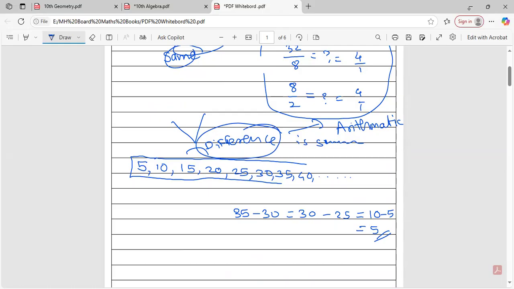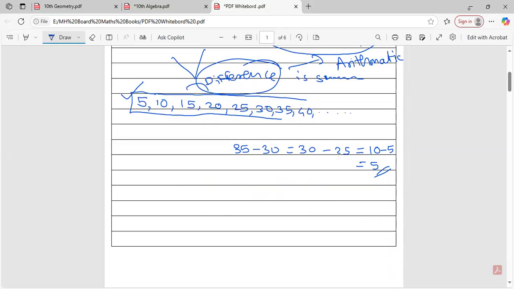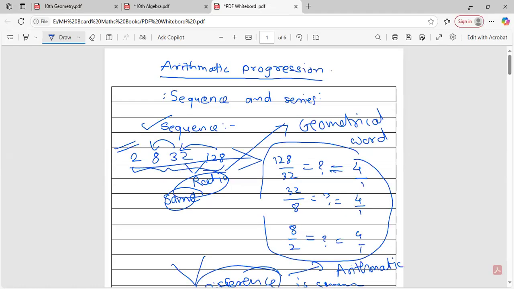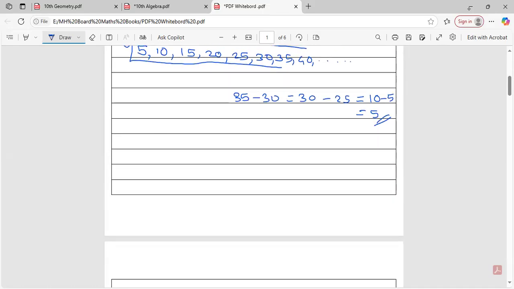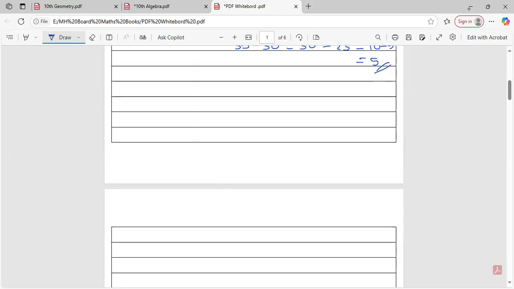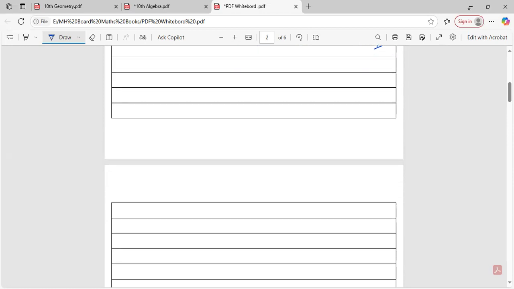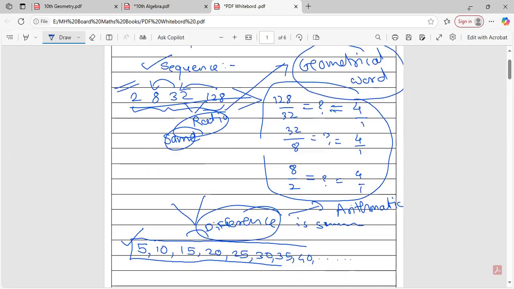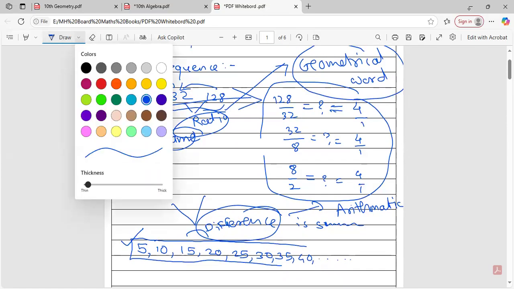Progressing means increasing or decreasing, progressing towards the positive side of the real numbers or towards the negative side. So when the ratio of two consecutive terms is constant, it is called geometrical progression.